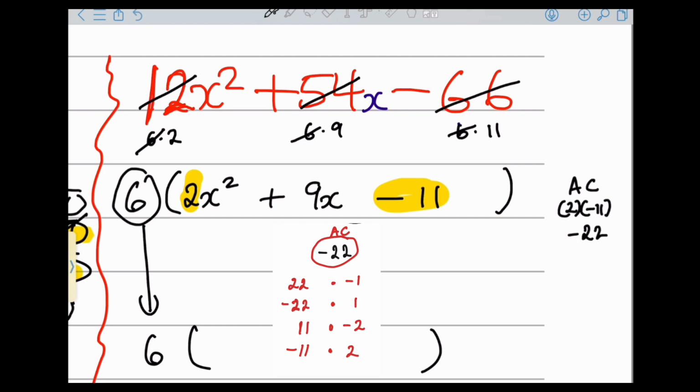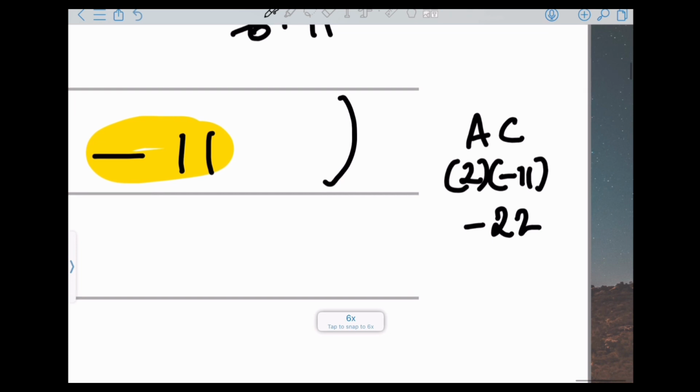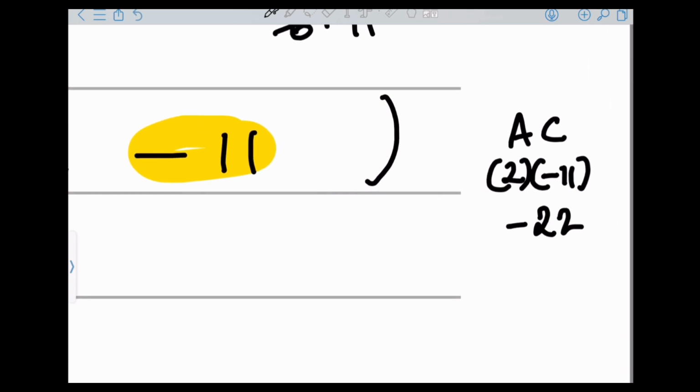What if it turned out to be a positive 22? Then that would be a plus next to 11. Look at your AC: your A is 2 and your C is negative 11. When you multiply or divide, same signs positive, different signs negative. So that's how you look at it.